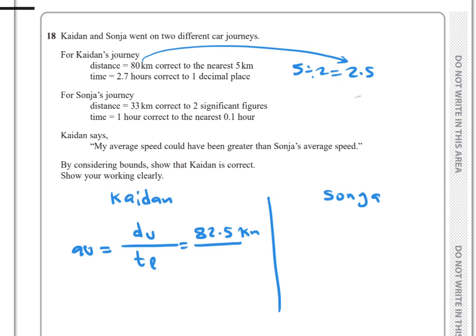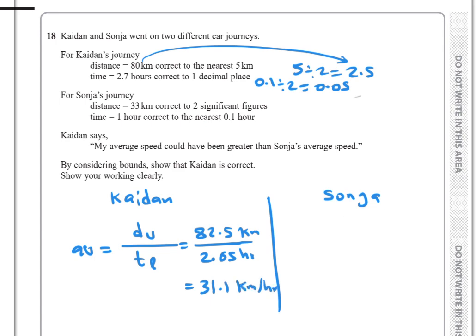Now for time, 2.7 correct to 1 decimal place, so 0.1 divided by 2, so 0.05. I need lower, so subtract. So 2.7 minus 0.05, so 2.65 hours. So divide, and we get 31.1 kilometers per hour.